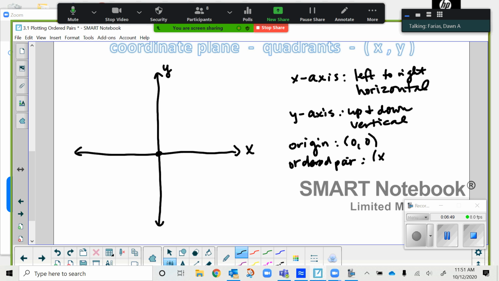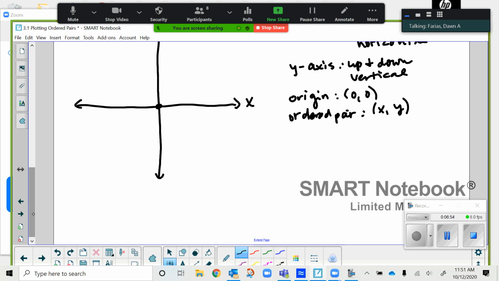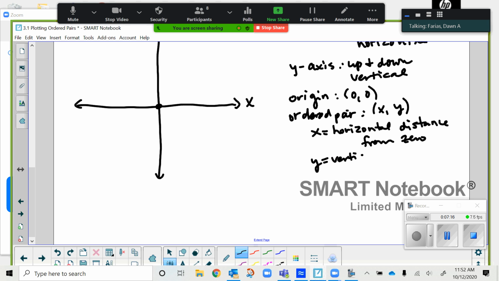But any ordered pair just has the general form x, y, where x is the horizontal distance from 0 or the origin, we'll say 0. And y is the vertical distance from 0.